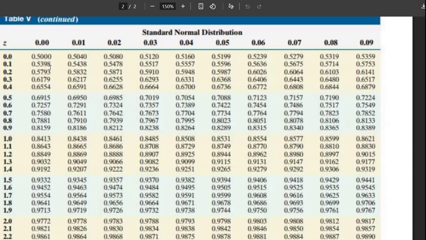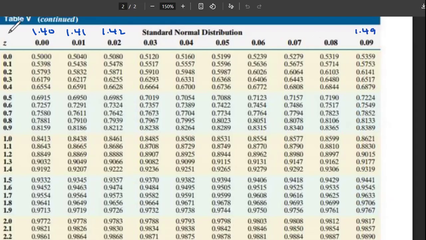So here's 1.4 right here, okay? So we don't want the first column, but the second one. This will represent 1.40. This will represent 1.41. This will represent 1.42, and so on and so forth, all the way up to 1.49.